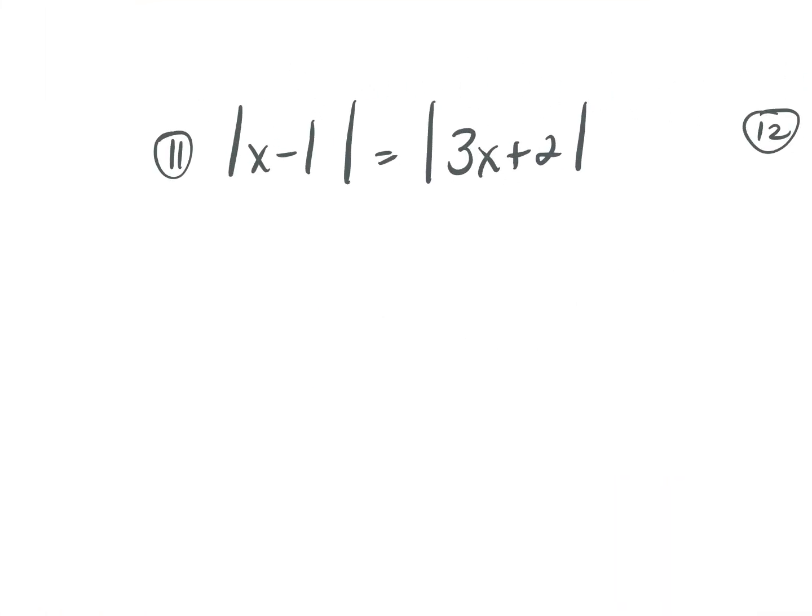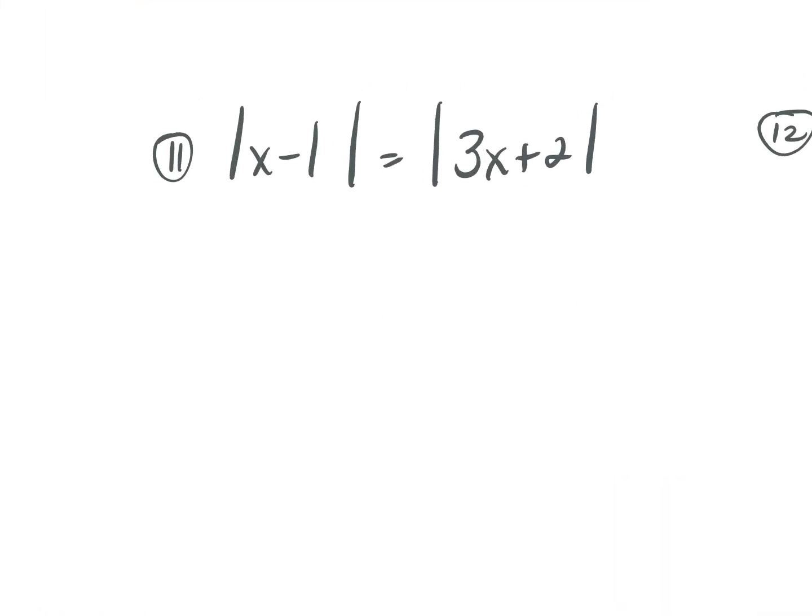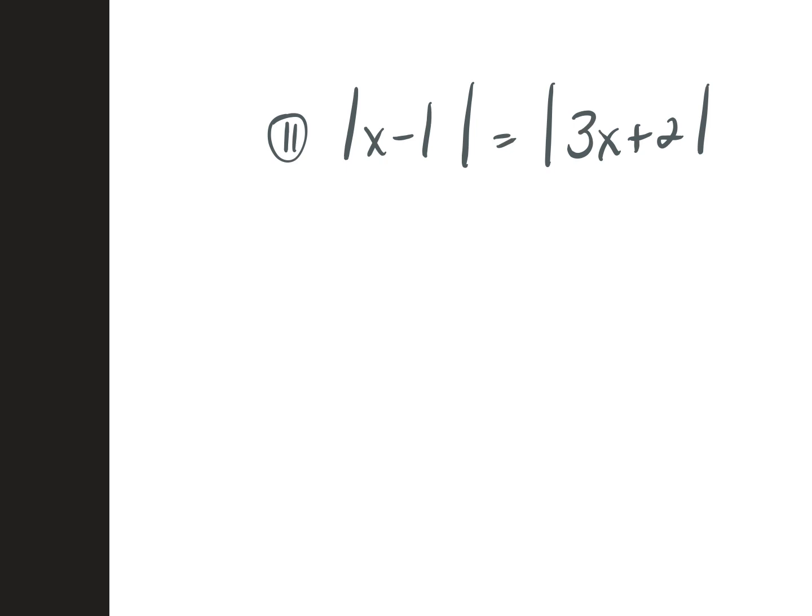Okay. So for 11, whenever we have an absolute value equals another absolute value, we can get rid of the absolute value signs and just set them equal. So we have x minus 1 equals 3x plus 2. But we also have to account for the negative. If we had x minus 1, whatever it might be, if let's say it equals 5, it could also equal negative 5 and be the same thing.